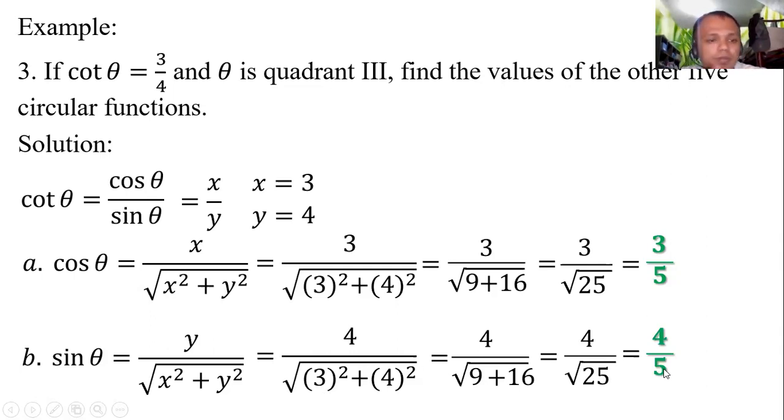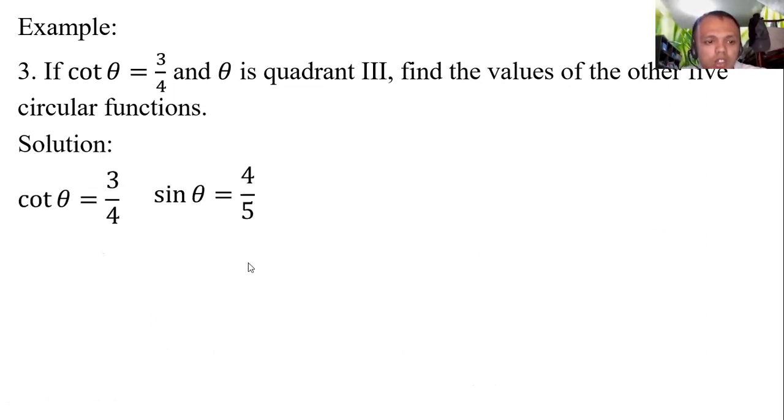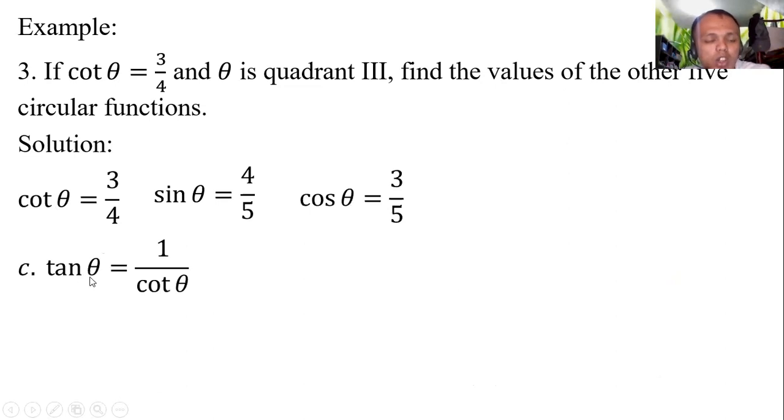Okay? Now, since your cotangent theta is 3/4, your sine theta is 4/5, and your cosine theta is 3/5, what is your tangent theta? Your tangent theta is equal to 1 over by cotangent theta. Substitute your cotangent theta to 3/4, then get the reciprocal of 3/4. So we have 4/3 here. 4/3 times 1 is still 4/3.